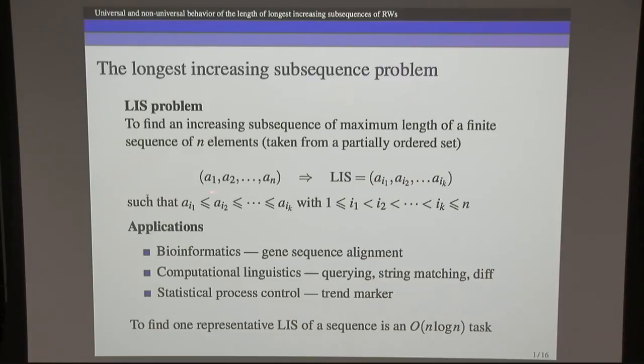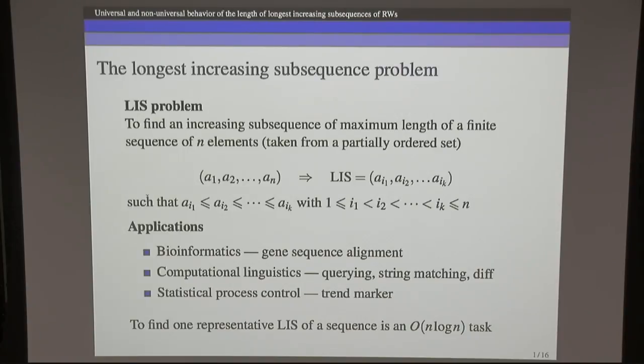I have a sequence like this, and a subsequence in which each element of the subsequence is ordered. Here there is a minor detail: it can be strictly increasing or not. Here it's non-strictly increasing because it's less than or equal. And the indexes are ordered. So I picked a sequence and found a subsequence. We are going to have some pictures, and you're going to understand it better.